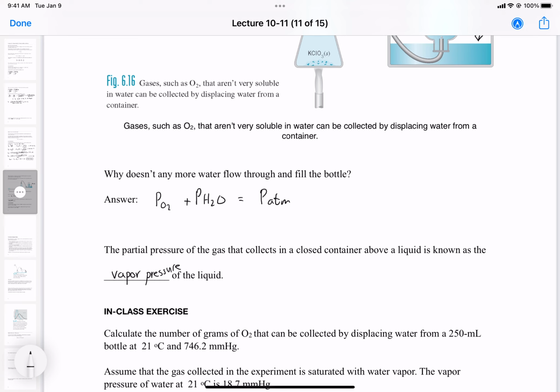When the pressure is equal there, there's an equilibrium between gas molecules going back into the liquid and gas molecules escaping from the liquid, and now it's going to break that dynamic.